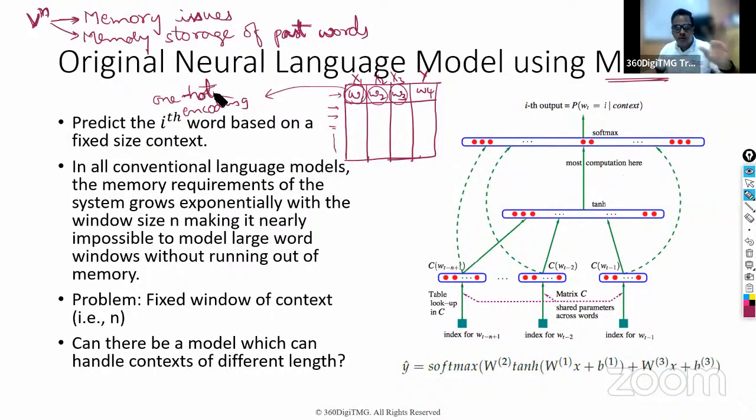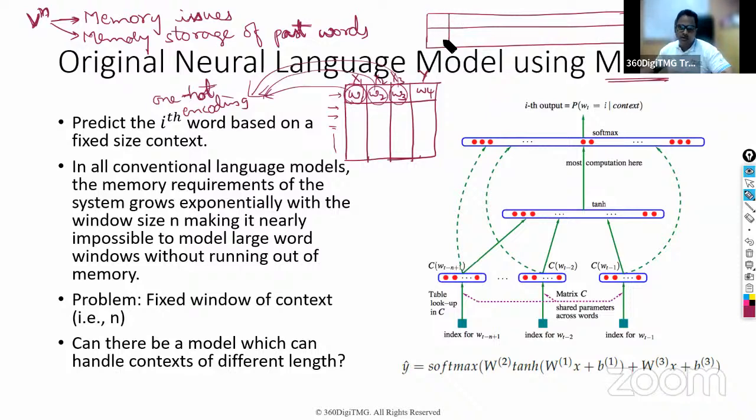So each word would be converted into a one-hot encoded format. How is it converted? How many words do we have in English dictionary? Approximately 172,000. Okay, approximately 172,000 is what you have.